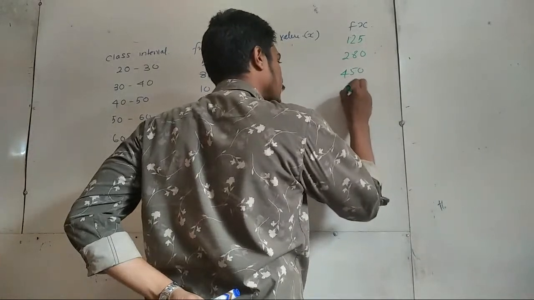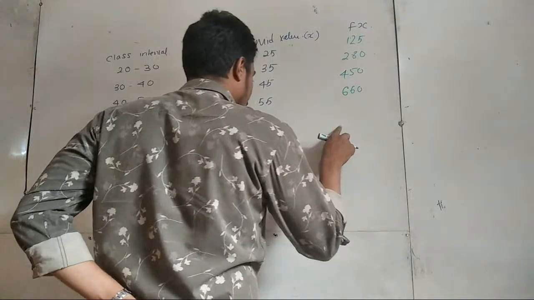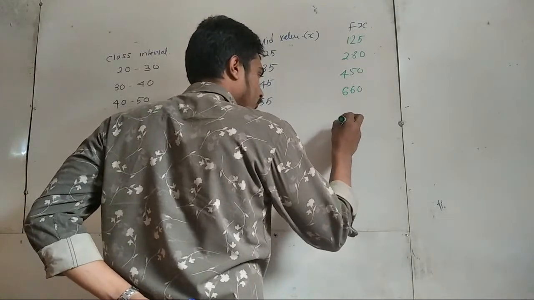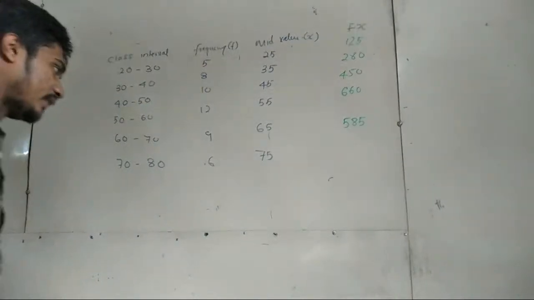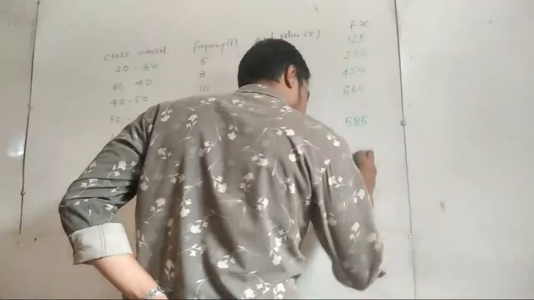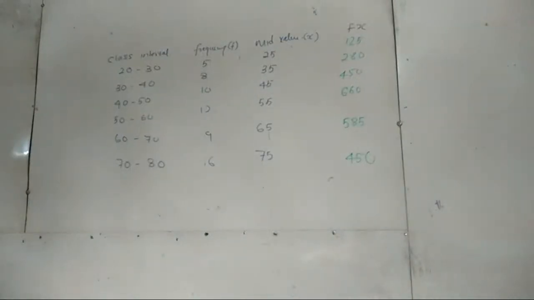660, thank you. What is the next one? 650, 585? Good. 6 into 75 is equal to 450, I am right. Am I right? Yes? Good.